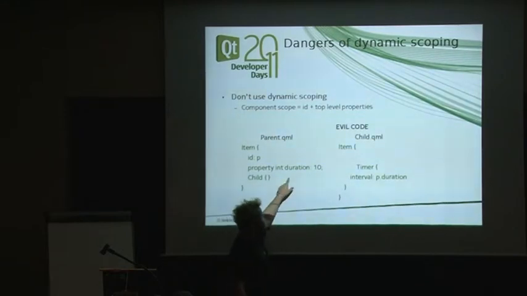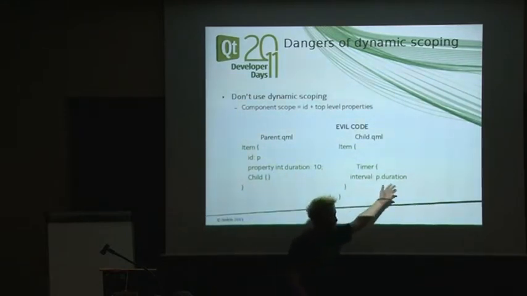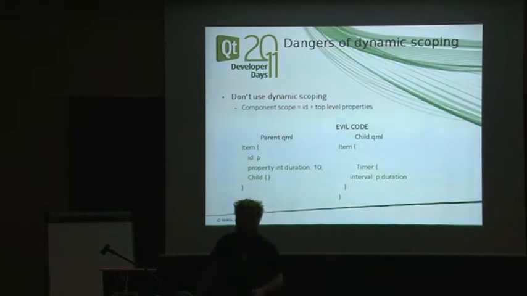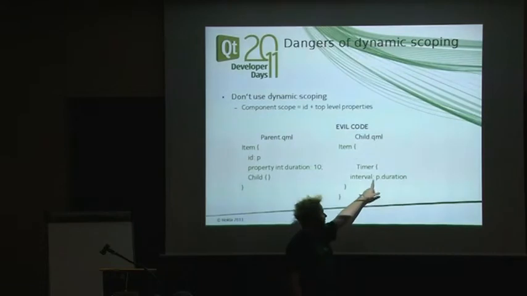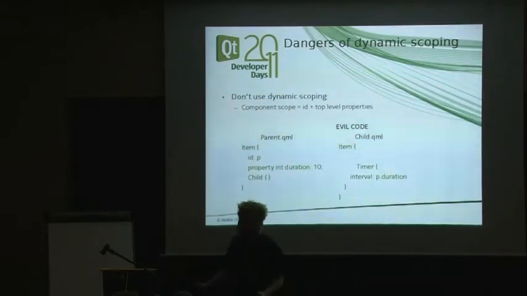And he accessed that property via p.duration, which is absolutely fine. And then somebody, maybe you, moved that code over to its own file, and then it's still that expression here. That happens. The problem with that is not that it happens, the problem is that it's still working.